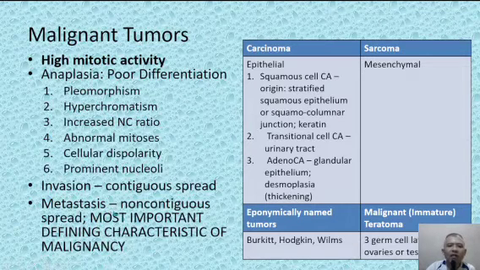It is the most important defining characteristic of malignancy. And we have examples. Again, carcinoma is generally epithelial in origin. Sarcoma is mesenchymal in origin.